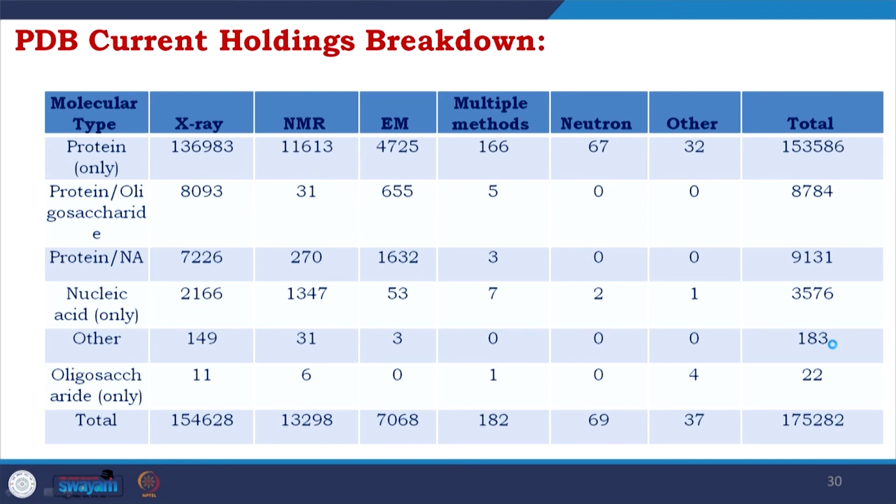So, total through X-ray 1,54,628 structures, through NMR 13,298, electron microscopy 7,000. But if you remember, we have shown that in 2017 to 18 EM had already started superseding NMR.